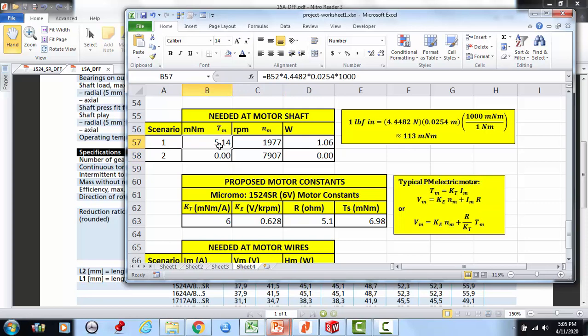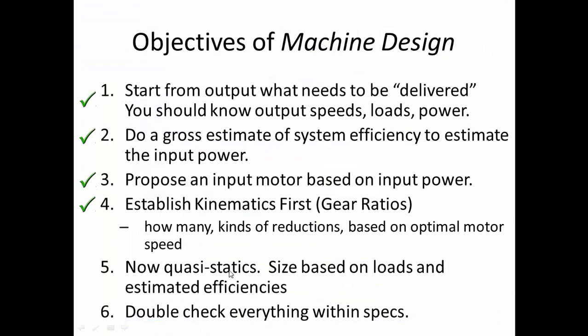This particular load here is less than the stall torque of the motor, so I feel like this is something that motor can do. So from a statics perspective and a kinematics perspective, we seem to be in pretty good shape here. So I would say we're pretty much good there.